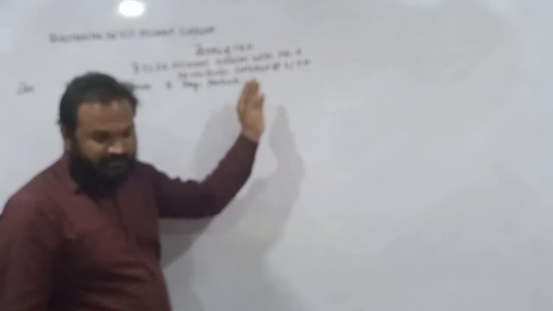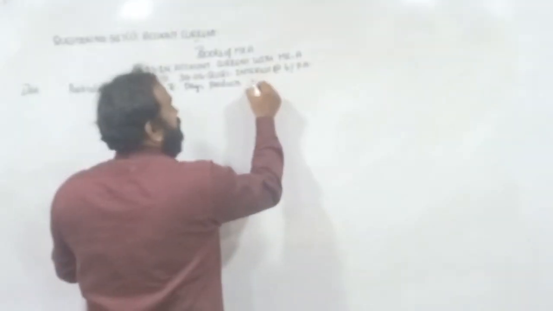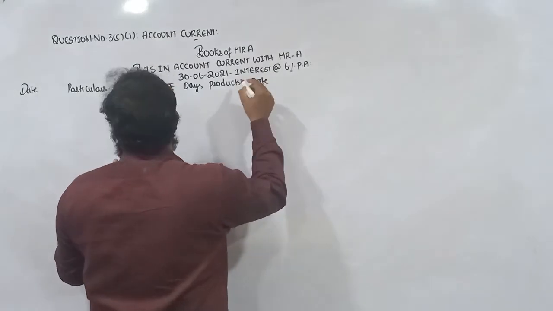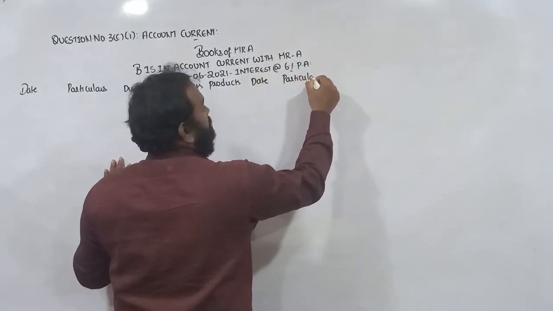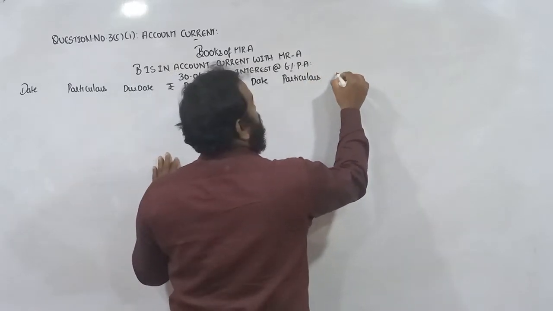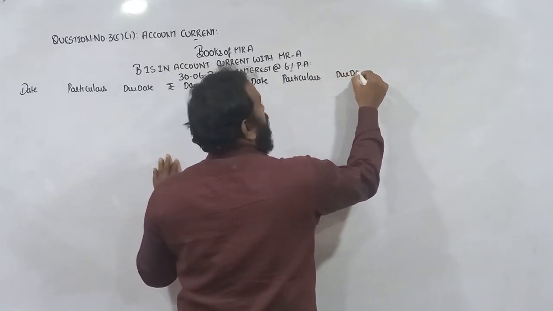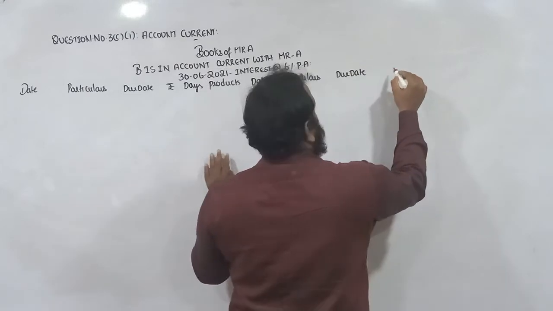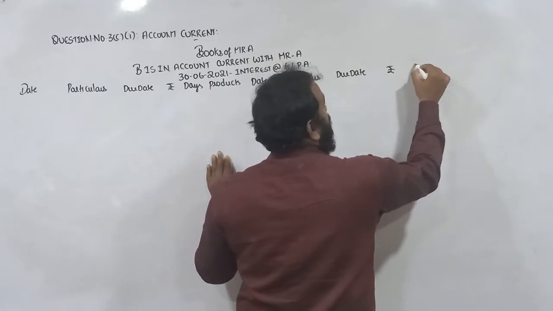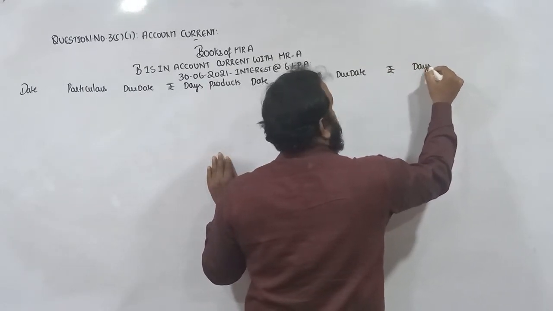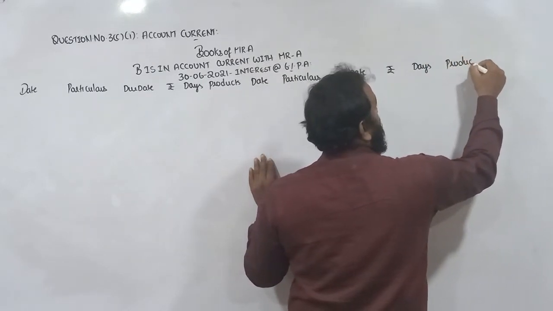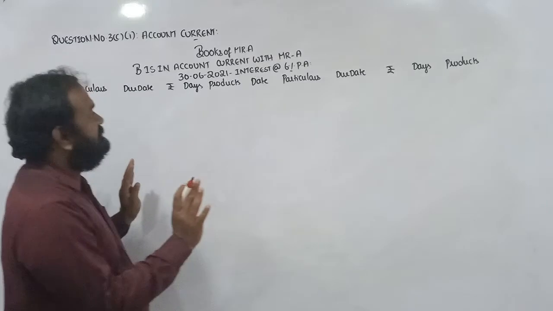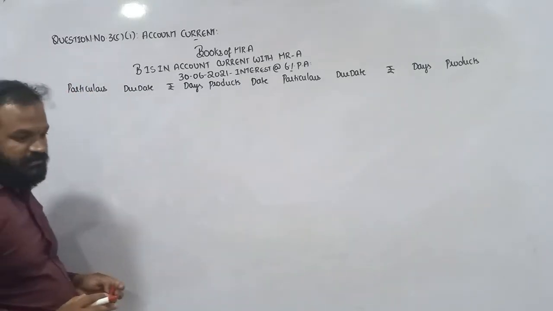So date, particulars, due date, rupees, days, products. Corresponding side also. Date, particulars, next, due date, rupees, days, products, boys and girls. Listen carefully.